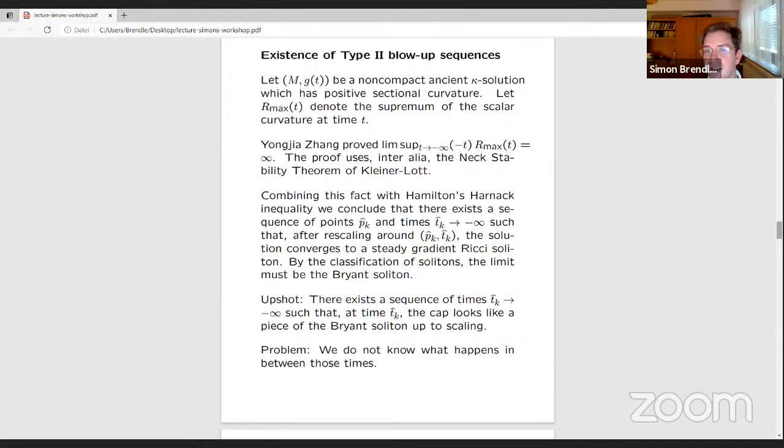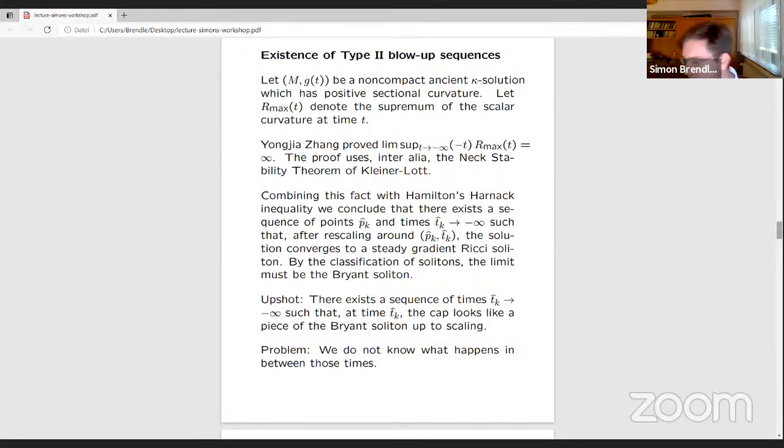Now, the first step in the proof is to invoke a result by Yongjia Zhang, who proved that any ancient solution that doesn't split as a product is of type 2. So if it's not a cylinder, then it has to be of type 2, meaning that the lim sup of t times R max of t will be infinite.